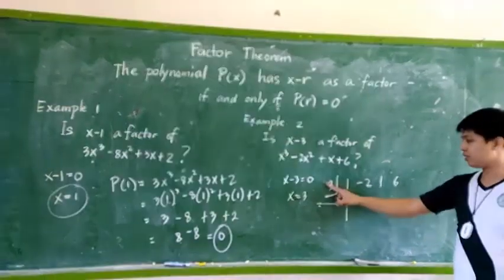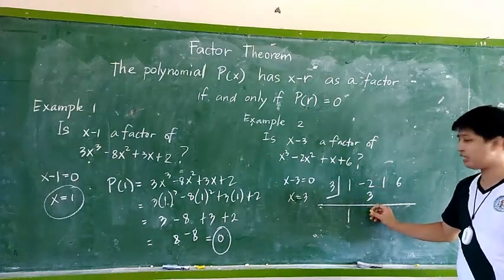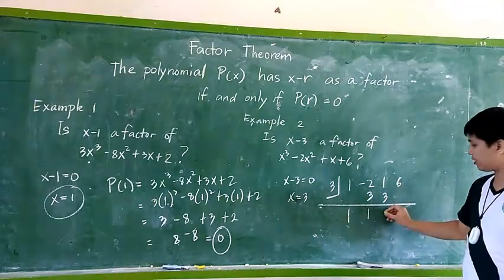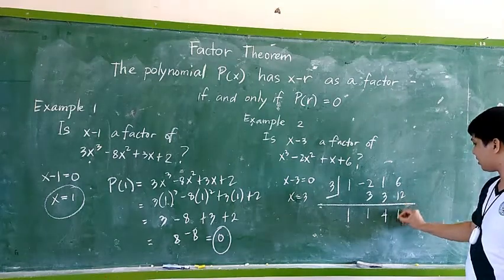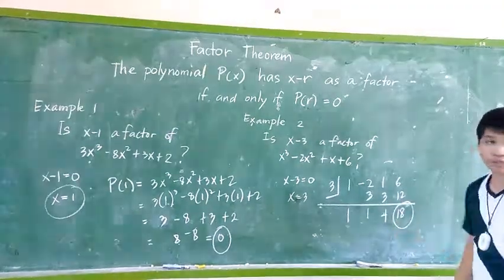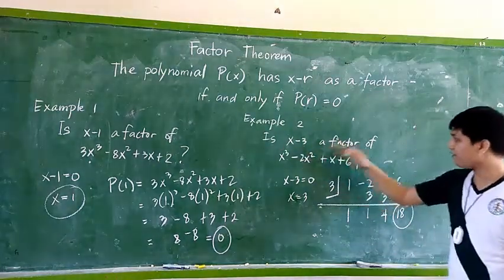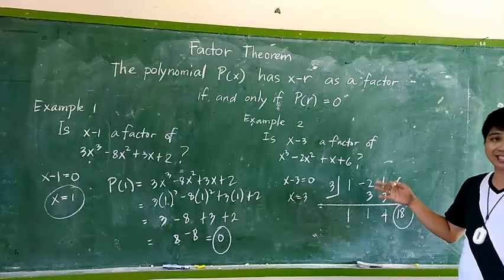Bring down 1, you multiply it, that's 3. You add negative 2 plus 3, that's positive 1. You multiply it again, that's 3. You add, that's 4. You multiply it, that's 12, and this is 18. So, to answer, is x minus 3 a factor of x cubed minus 2x squared plus x plus 6?